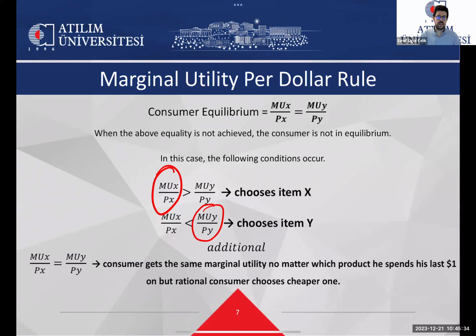That means you get equal satisfaction from consuming X and Y. At that time, you choose the cheaper one. Okay. I'm not gonna say which one is cheaper, it depends on the question.